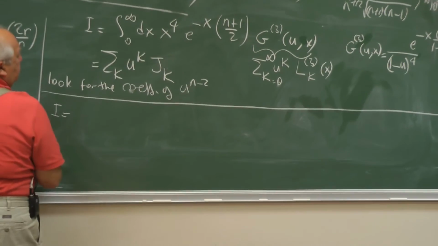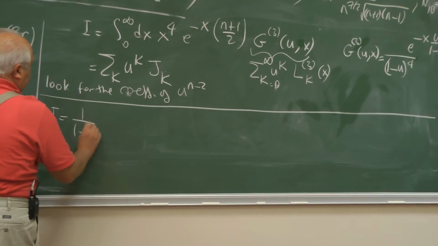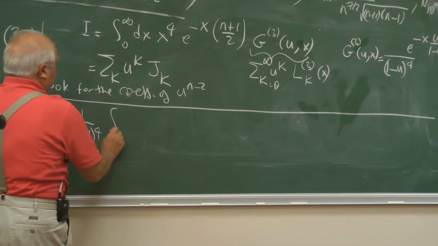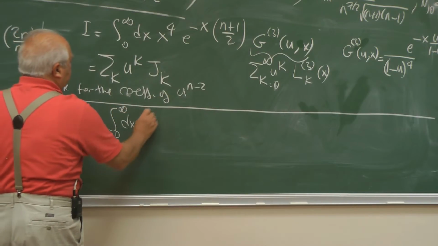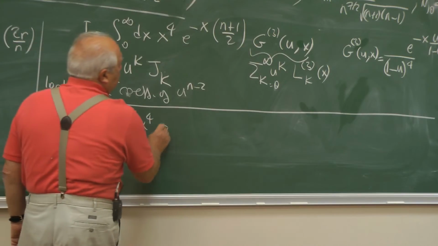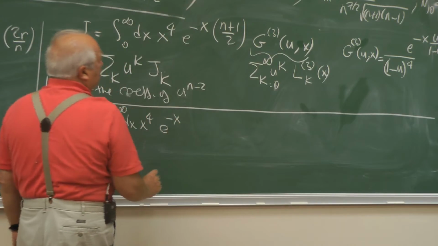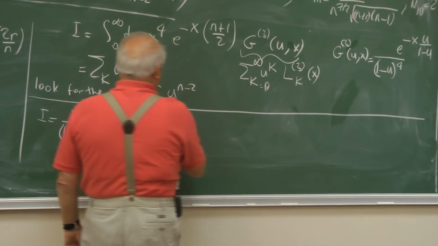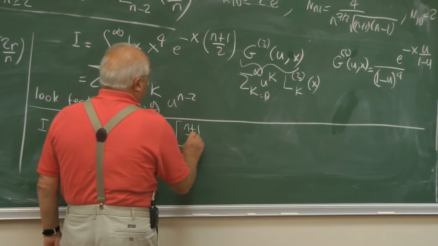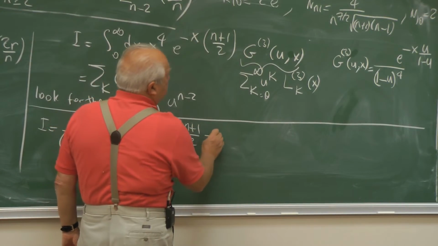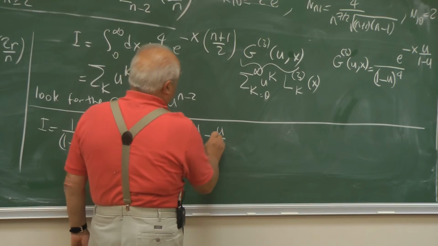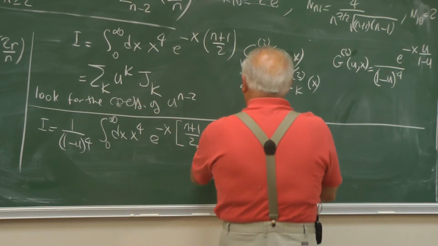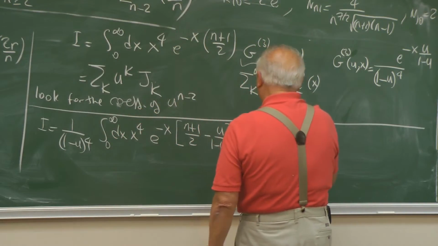I equals 1 minus u to the 4, integral from 0 to infinity dx x to the 4, e to the minus x. I have an exponential here and another exponential there. So it is n plus 1 over 2 minus u over 1 minus u. That's it. What is this square parenthesis?